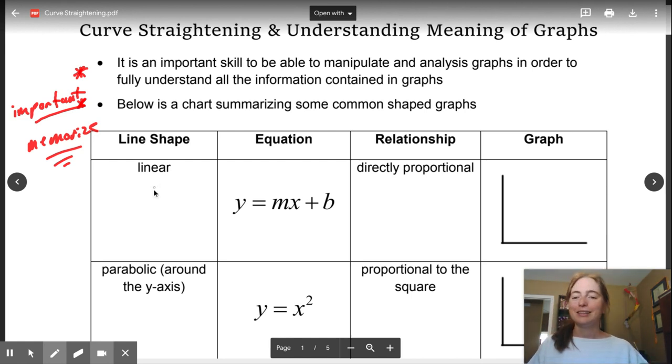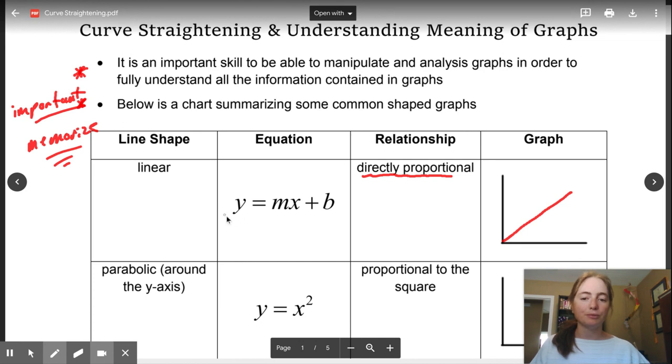We are going to be looking at our general line shape, equation, relationship, and the graph. Your standard linear graph is going to look like that, a nice straight line. Your relationship is directly proportional.